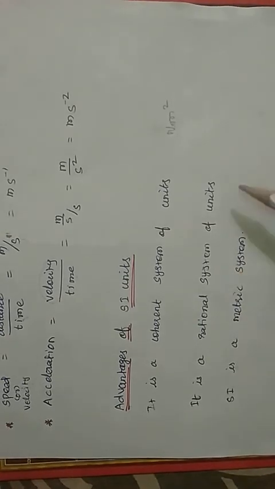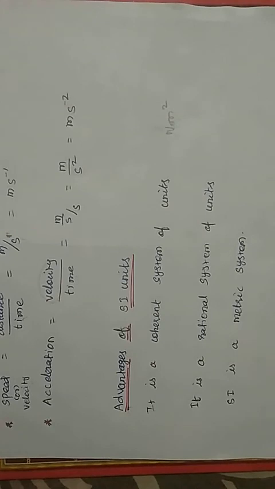Mechanical energy is measured in joules, heat energy is represented in terms of calories, and electrical energy can be represented in terms of amperes and so on. But in SI unit, all the energies can be represented in a single form. That is, energy is simply represented as joules.